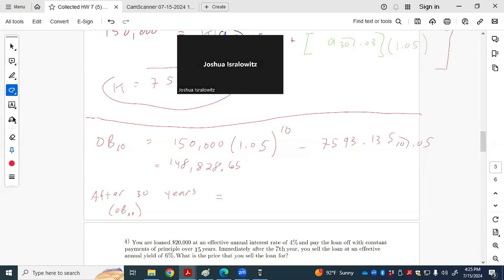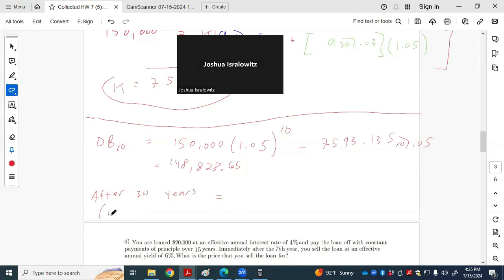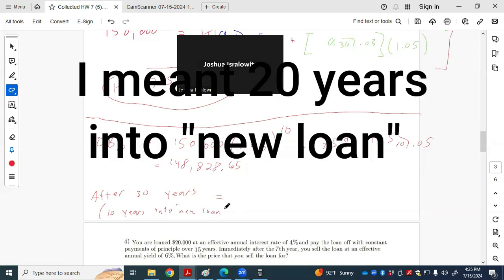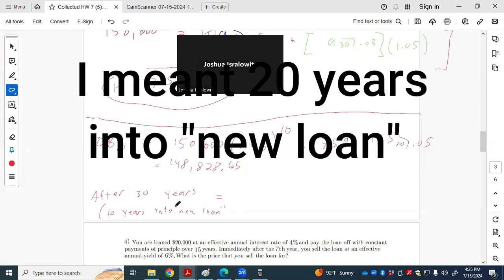So let me even write that down. I'm putting that into quotations because maybe you aren't necessarily refinancing, but it's still good to think of it from a loan reset perspective.